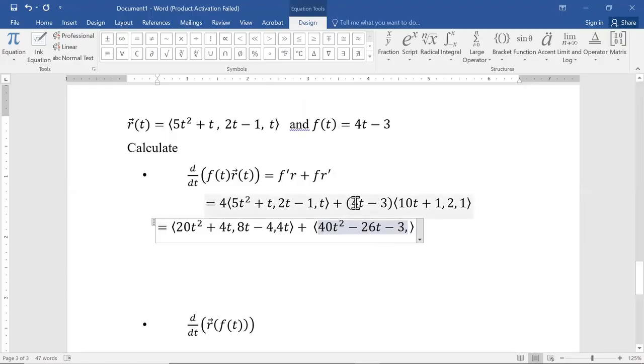Then when I take 4t minus 3 and I multiply it by 2, I end up with 8t minus 6. And when I take 4t minus 3 and multiply it by 1, I end up with 4t minus 3.